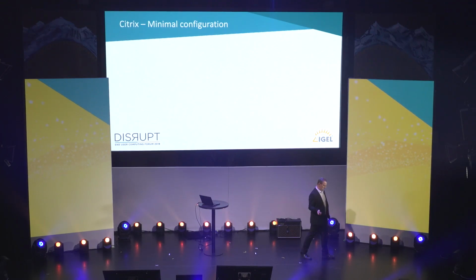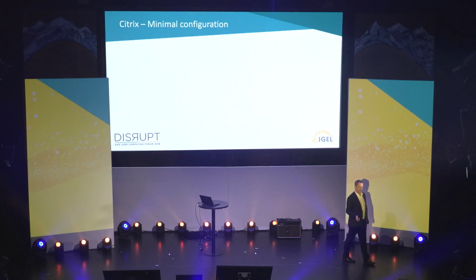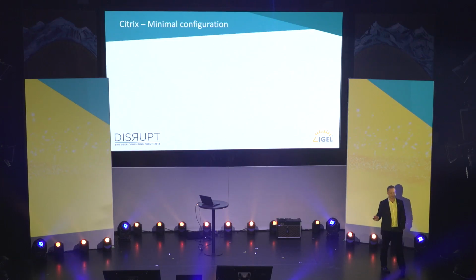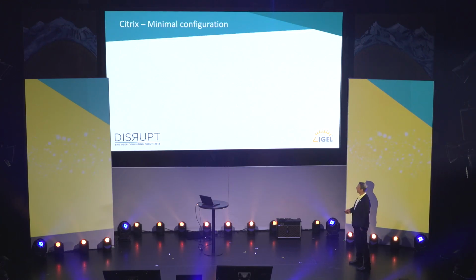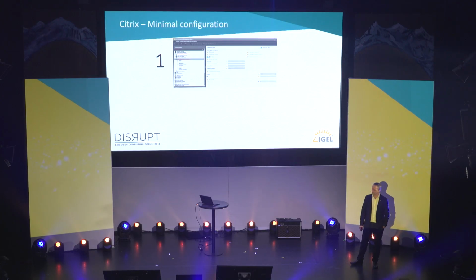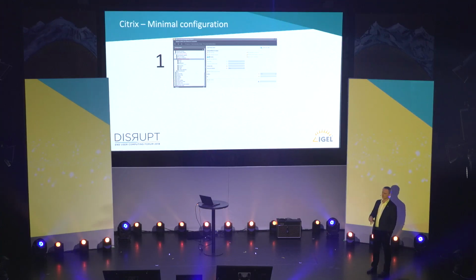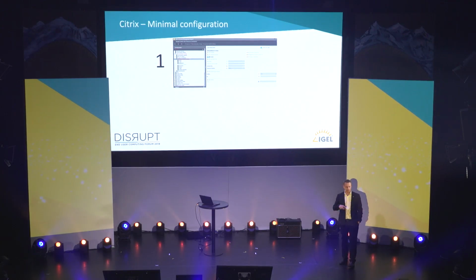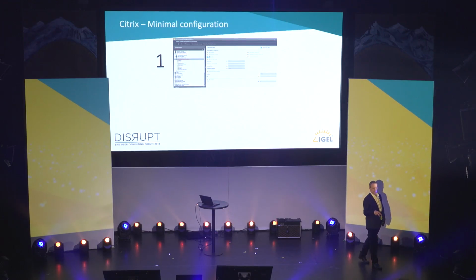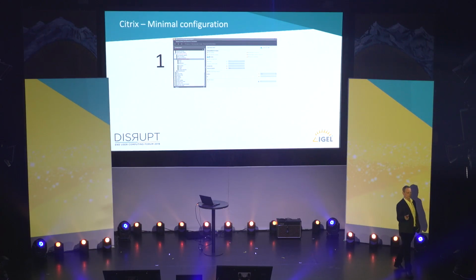So to get a minimal configuration of a Citrix receiver to get connected to your storefront servers in the backend, you need to first create a desktop. You already saw the UMS presentation from Torsten. He showed you how to do the profiles and whatever.